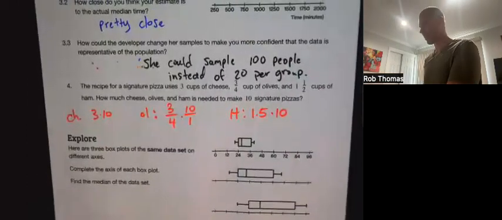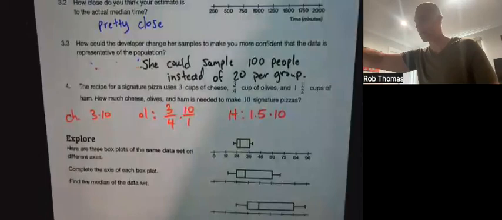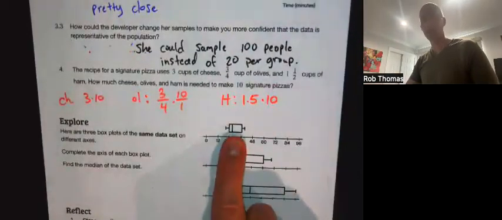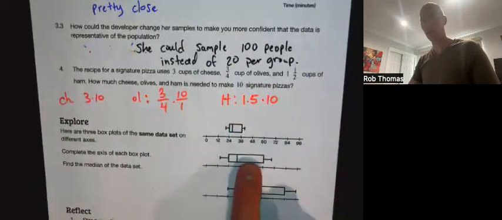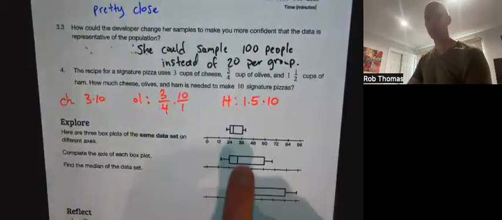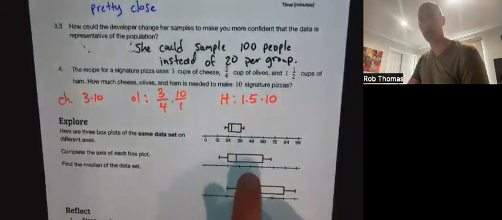All right, lastly, we got an explore. Here are 3 box plots of the same data set on different axes. Ooh, this is weird. Okay, so this box plot, this box plot, and this box plot all represent the exact same data, but they look stretched because the axes, how the numbers down here are labeled, are different.